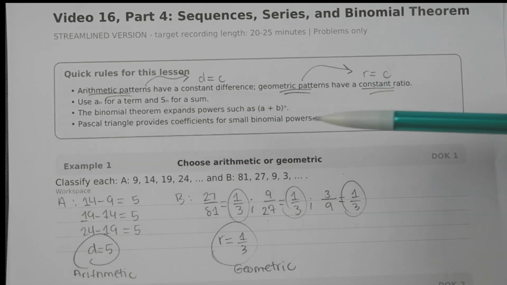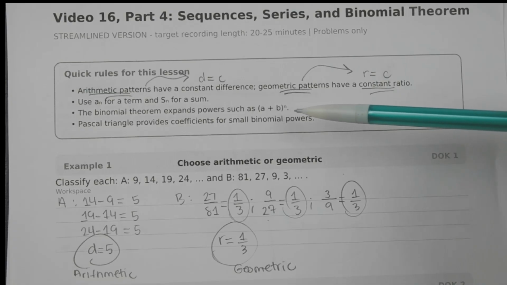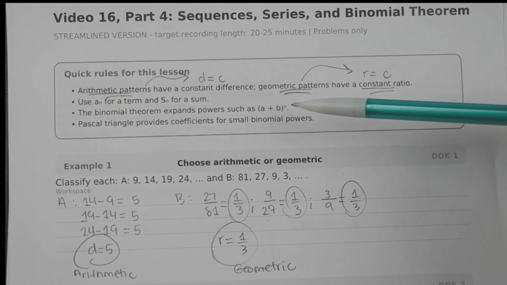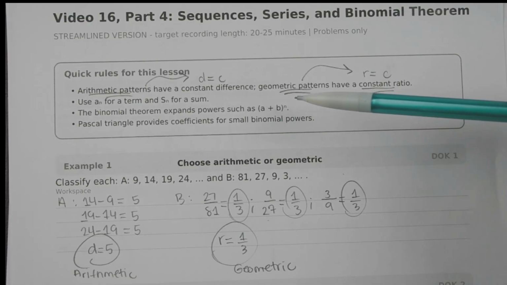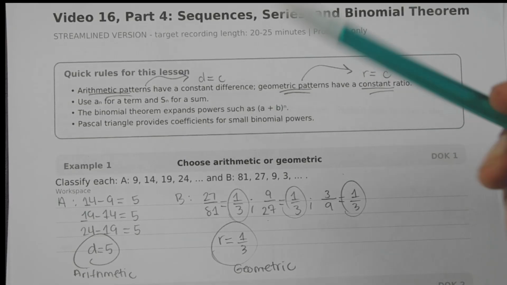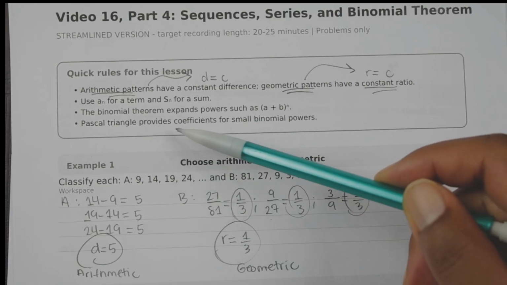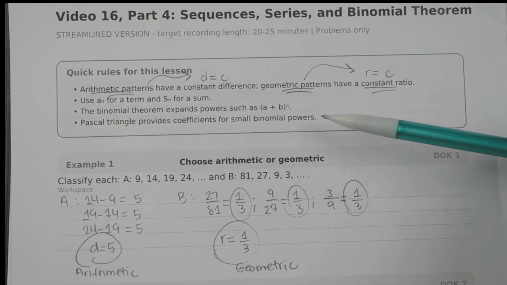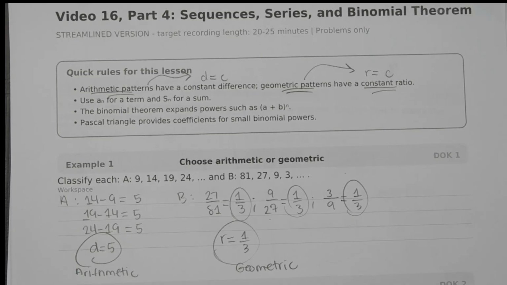The binomial theorem expands powers as a plus b raised to the power of n. You can review Pascal's triangle and see what happens if it's raised to a power of 0, or a power of 1. Then look at what those coefficients are, because Pascal's triangle provides coefficients for small binomial powers. Those things are pretty consistent, okay?